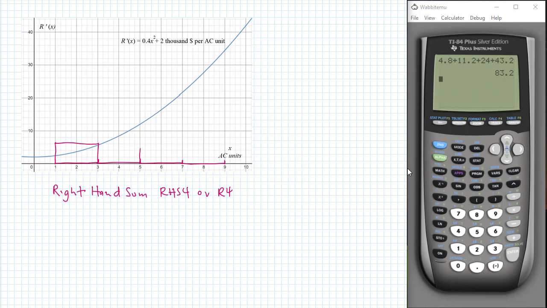The next one is going to go up to the curve on the right-hand side, go across. There's that rectangle. Go up on the right-hand side, touch the curve, go across. There's the next one. And then we do the same thing for the last one.